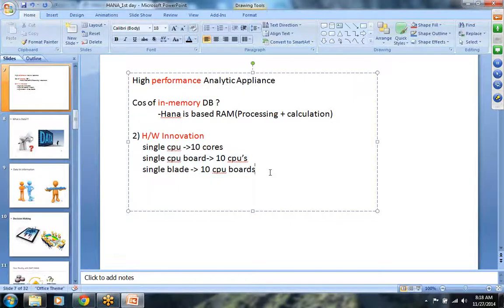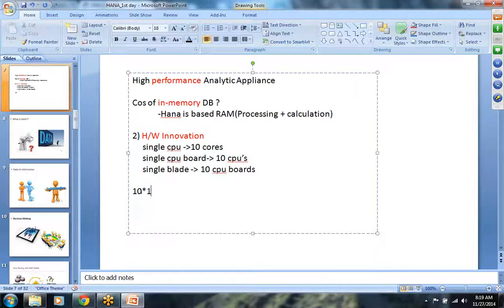So this is how innovation is made in hardware. That is totally how many cores I have here? 10 into 10 into 10. So I have here 1000 cores. It's a 1000 core processor system. So data processing is much faster. So this is one of the reasons for the performance.